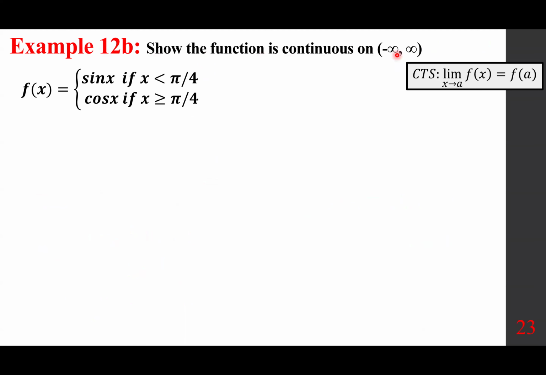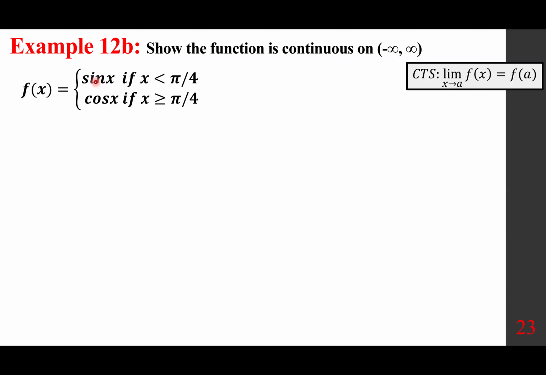Show the function is continuous on negative to positive infinity. f of x is sine x if x is less than pi over 4, cosine x if x is larger than or equal to pi over 4. We have a piecewise defined function.